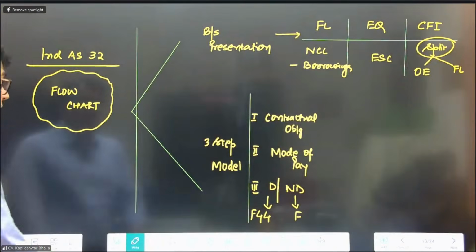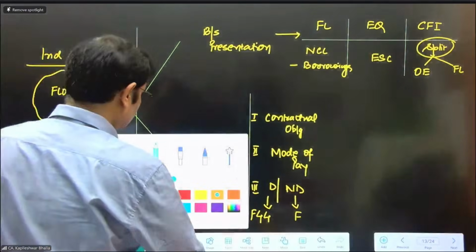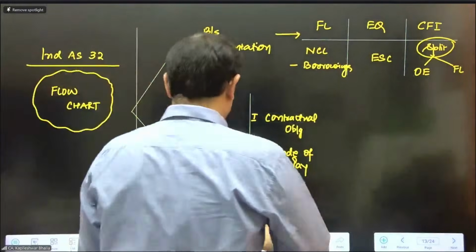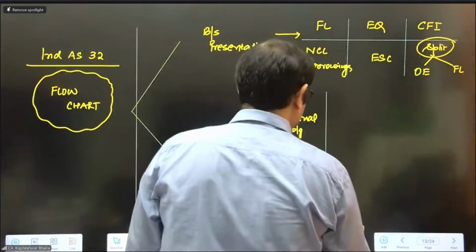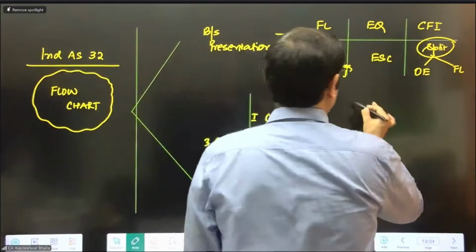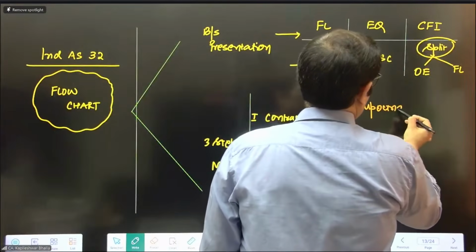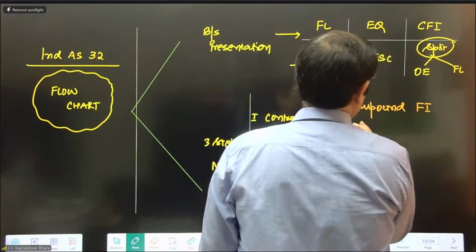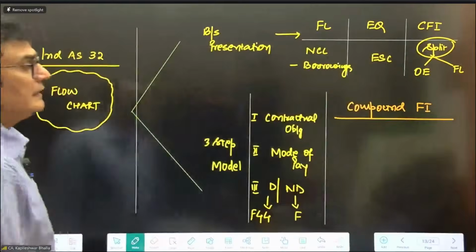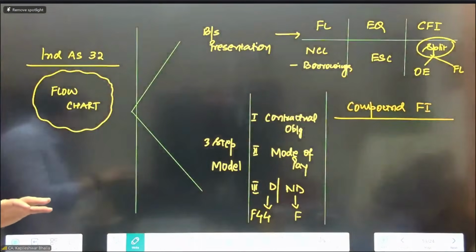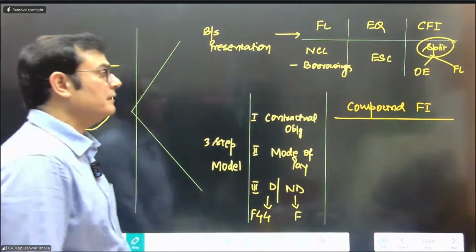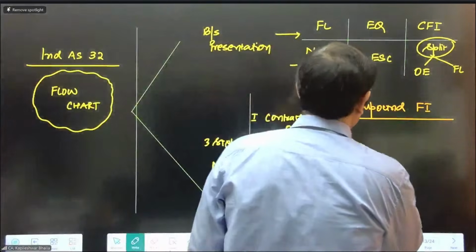Then we went on further and entered another area of discussion, which was compound financial instruments. In terms of compound financial instruments, the clarity you need is the concept of split accounting.